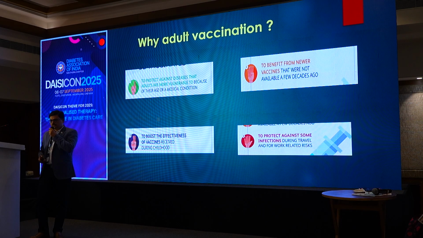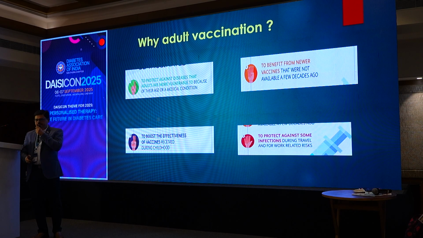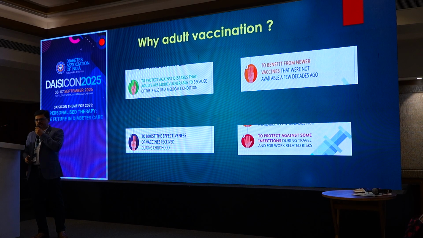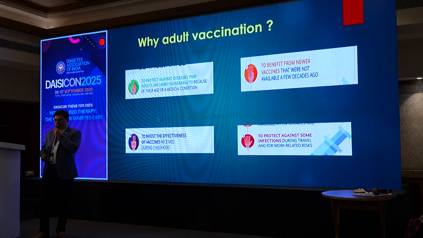Another reason is to boost the effectiveness of the vaccines already received in childhood. And in special conditions, especially for travelers and work-related exposure to endemic areas of diseases, special care should be taken to prevent specific disorders.